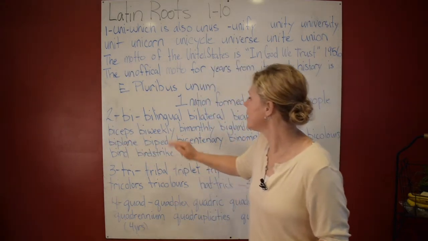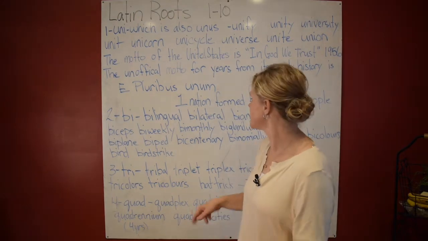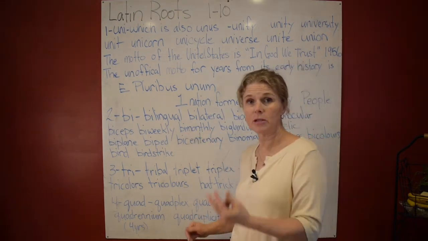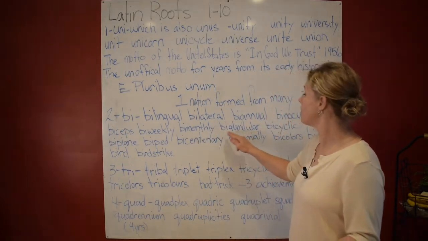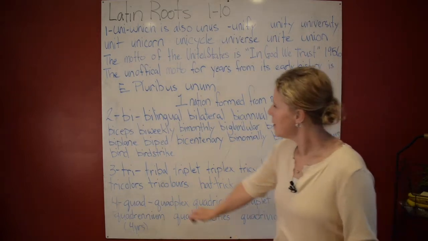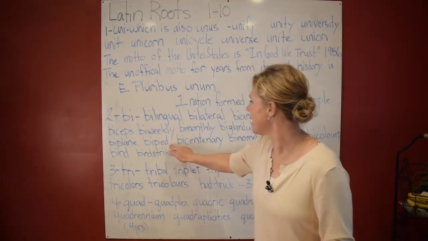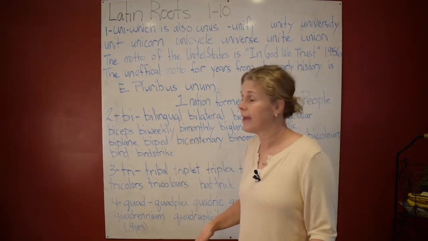Biceps, biweekly. So biweekly could be twice a week, or it could be every 2 weeks. Bimonthly, same thing, twice a month or every 2 months. Biglandular, bicyclic, biplane, biped. I thought this was kind of fun. This is an animal with 2 legs.